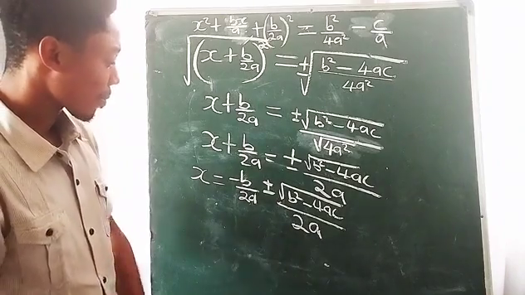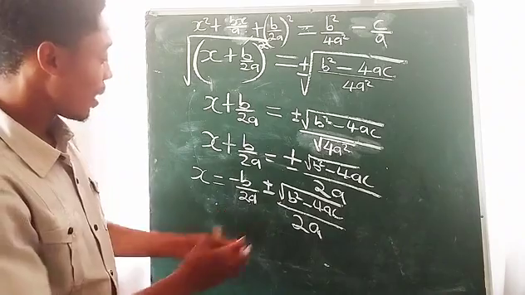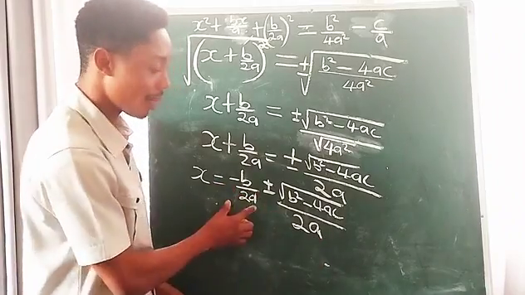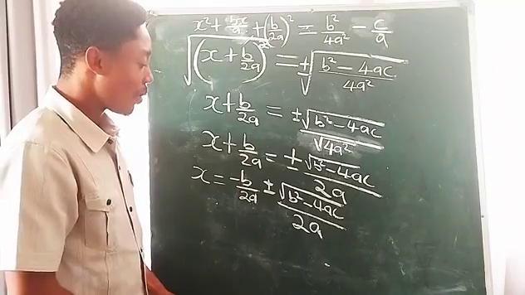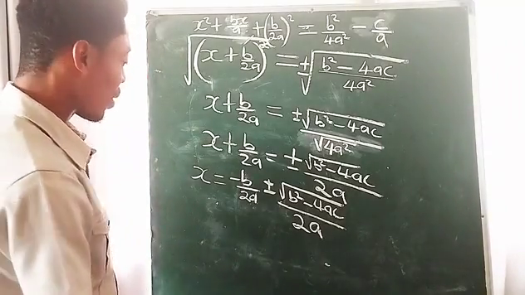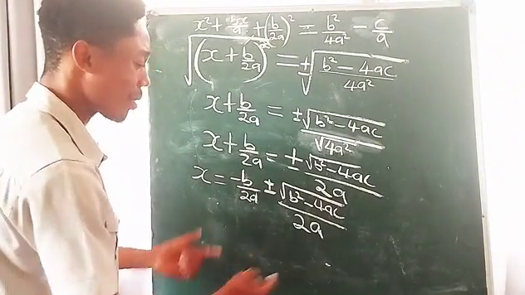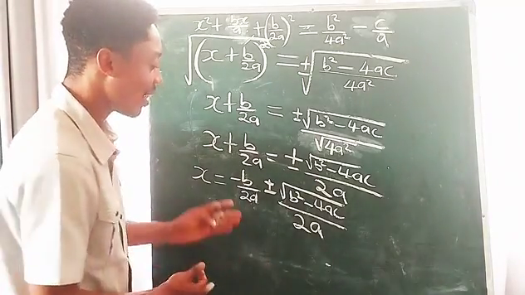Look at this. From here you can see that these two terms have like denominators, so we can express them with a common denominator, because if you find the LCM and simplify, they will share the same denominator.